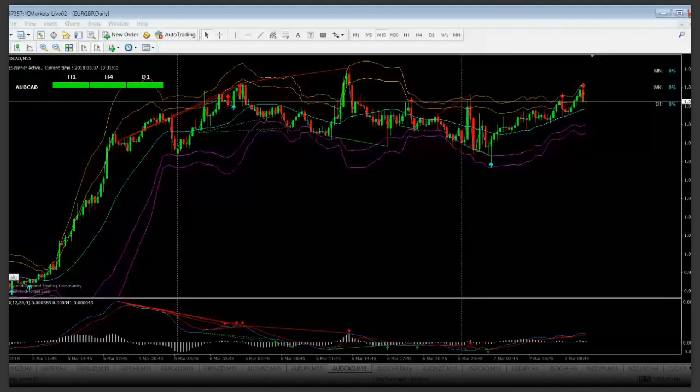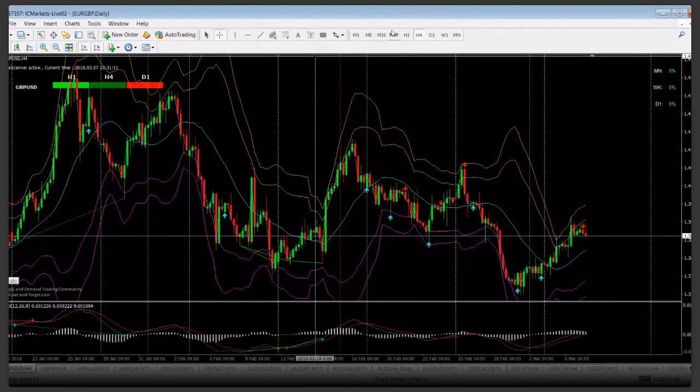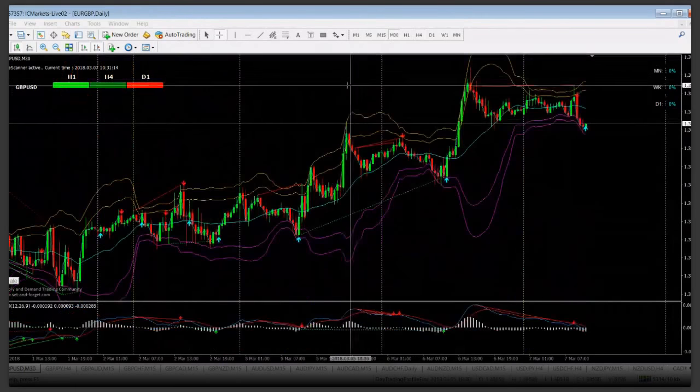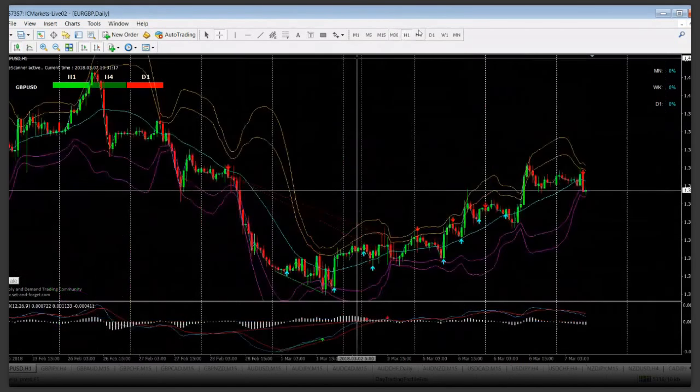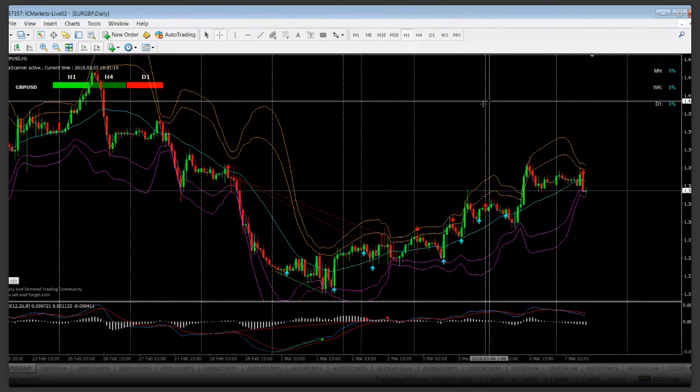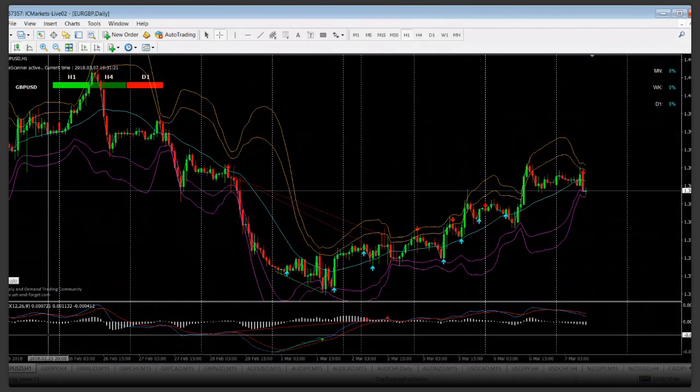Another trade I want to look at is the CAD. So British Pound USD buy signal, 30-minute. Okay, British Pound USD buy signal, 30-minute chart. No, it's very mixed. No, look at that.